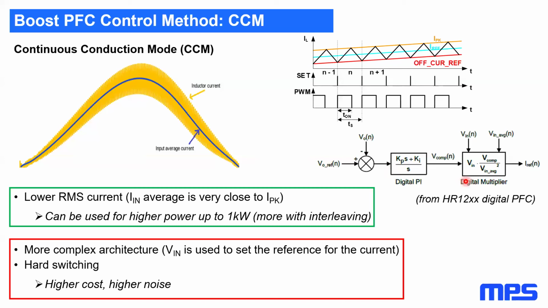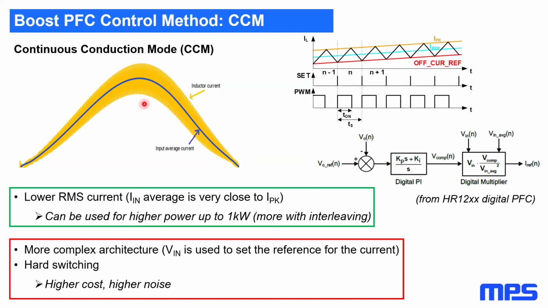There is some mathematical treatment extracting from the input voltage to create the reference for the current. And this complex mathematical treatment has a cost in die size and in complexity of the IC itself. So this translates into a higher cost of solution.